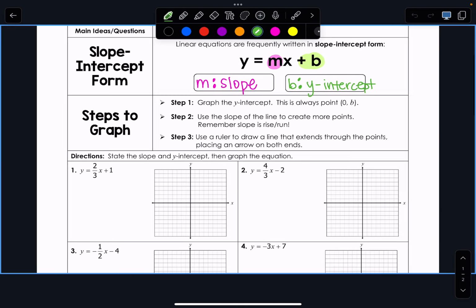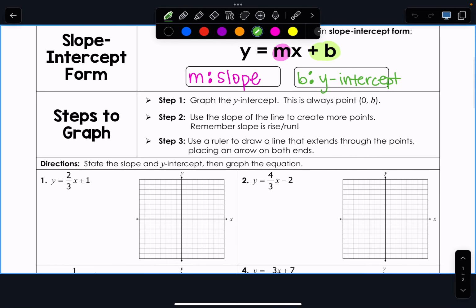Now, we need these two things. Y equals mx plus b. And those two things are going to help us graph our line. Now, the b is our y-intercept. That is where we are going to begin. So we're going to start by graphing our y-intercept.